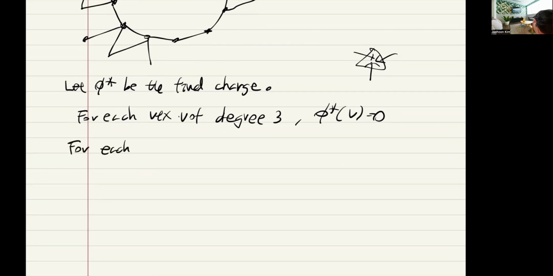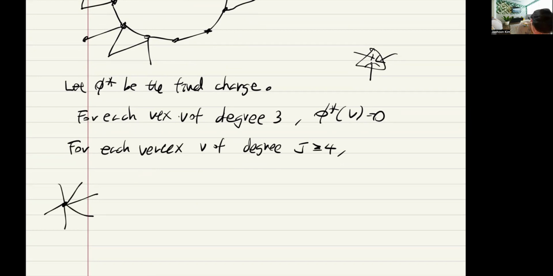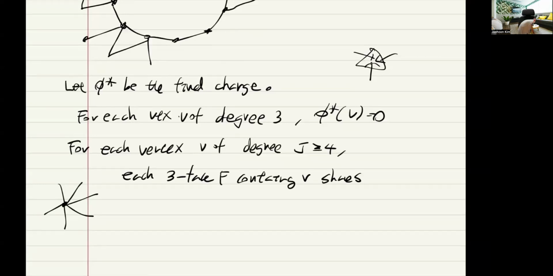But for each vertex V of degree j, which is at least 4, its initial charge is positive, but it may have to give some charge to the faces. It gives charge for each 3-face F containing this V. So, when does it give?